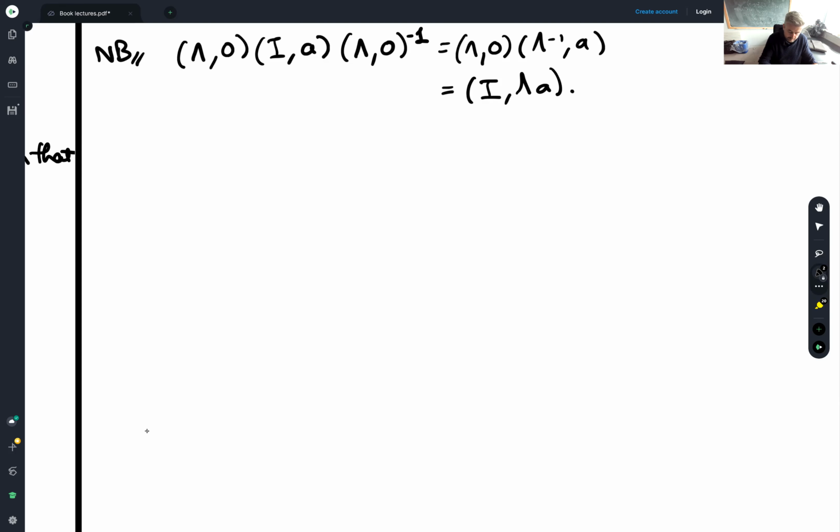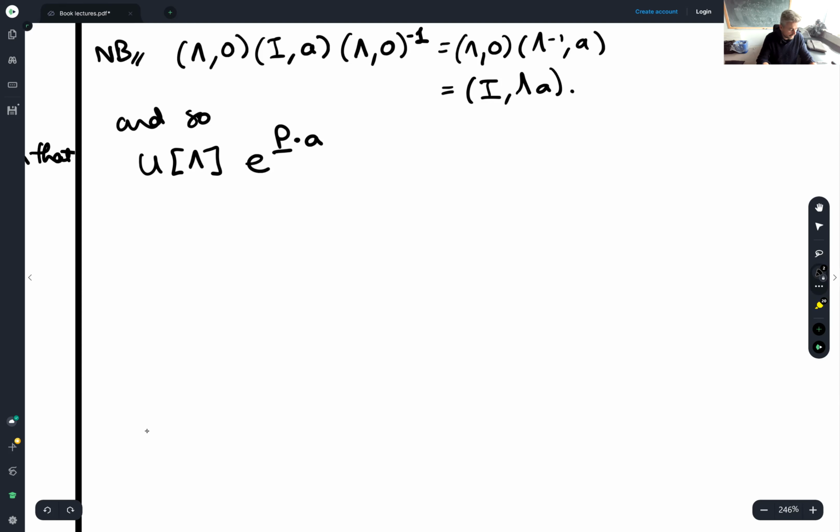And so we represent this left hand side with operators. So we have a U of lambda for this Lorentz transformation, and then with the operator P we have e to the P dot a for the translation, and then we have a U of lambda to the -1, because it's just an inverse operator. And on the right hand side here, we just have a translation operator with lambda a instead of a. So this is P dot lambda a.